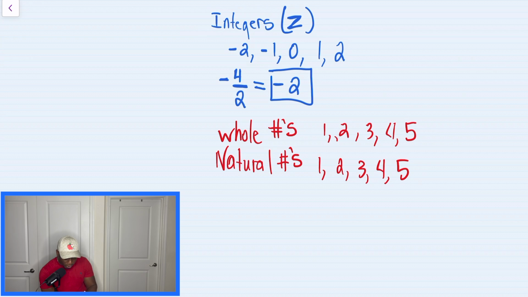They'll never be negative, they'll never be a decimal, and they will never be a fraction unless that fraction could reduce to a whole number, like 4/2 in our previous example. And the only difference between the two of them is that natural numbers do not include 0, and for whole numbers, 0 is included. So please don't forget that very helpful tip when you guys are classifying numbers.